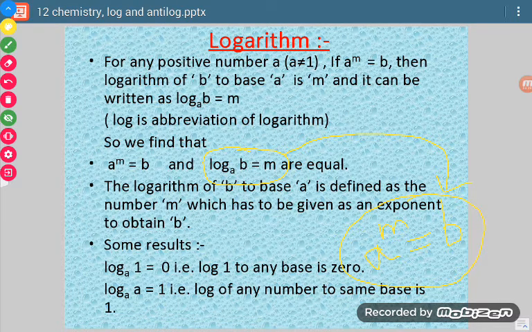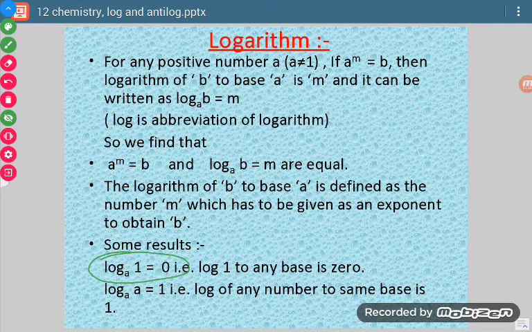I think it is understood now what is exponent, what is base, and how these things are related. Now two results we can see. Log of 1 to the base a is equal to 0.